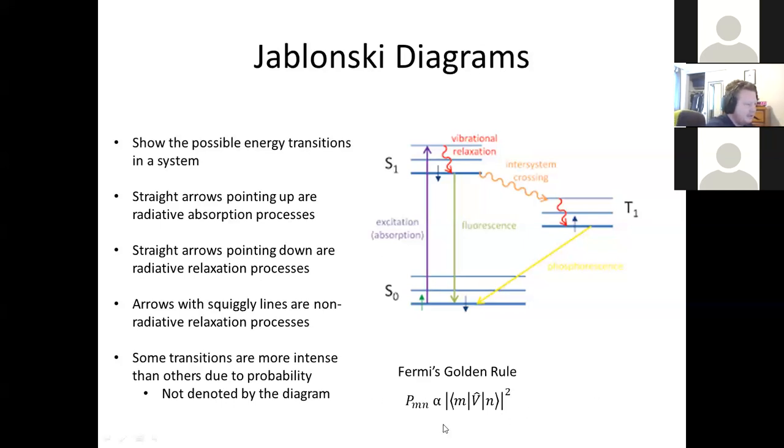But the reason I'm showing it to you is this is how you get Beer's law, right? This probability of an m to n transition is basically, let's say it's the absorption, the probability of going from this energy level to this energy level, right? And each one of these transitions has its own probability. That's proportional to this matrix element, which has to do with the electric potential of the states.